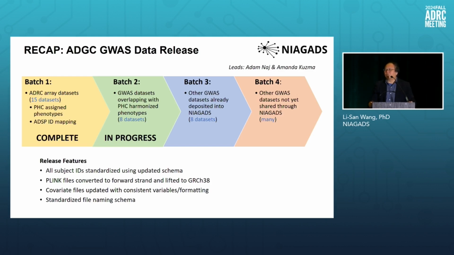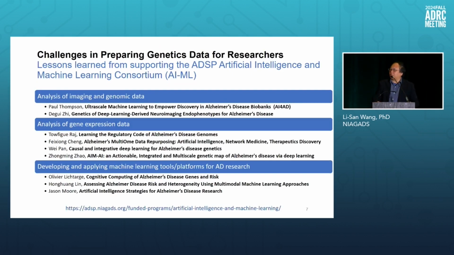We're depositing additional GWAS data that have harmonized clinical phenotypes, so you can look at all these data together. Now, I'd like to talk about some of the more technical sides of how to make this data useful, valuable, and accessible for researchers. I hope that helps you understand and you can tell us what things you need.